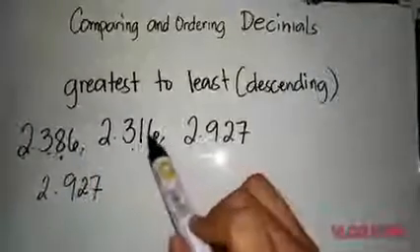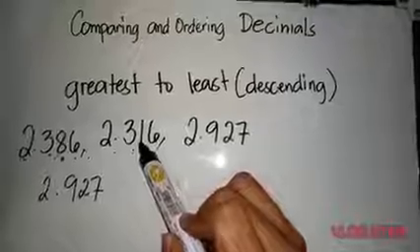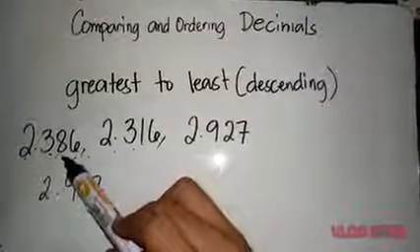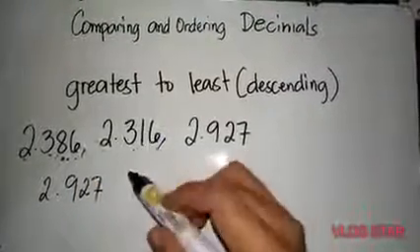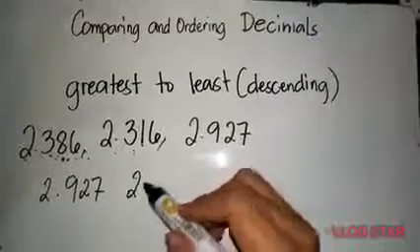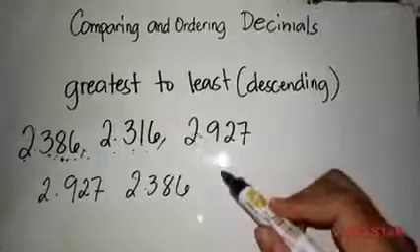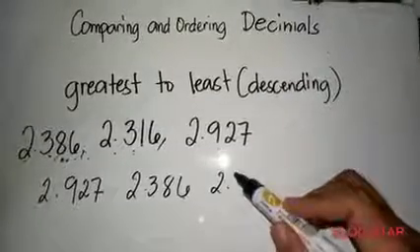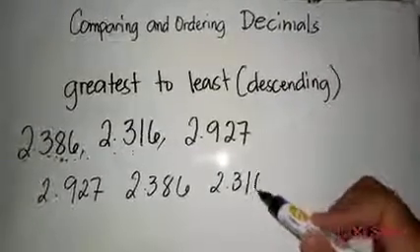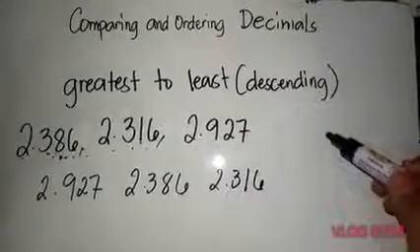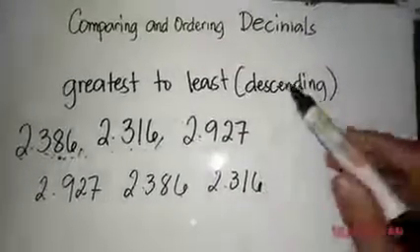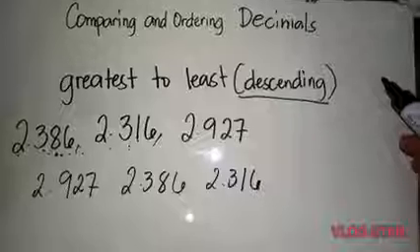So 8 and 1. You can see that 8 is greater than 1. So the next in the list is 2.386 and the last one is 2.316. So this is what we call greatest to least or descending order.